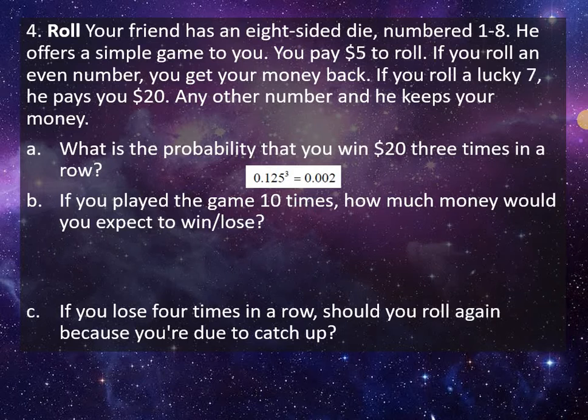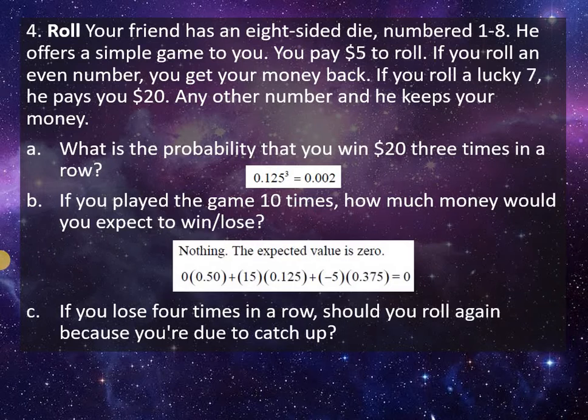So this one is saying if we played the game 10 times, how much money would you expect to win or lose? Well, for that one, you set up your overall goal, playing the game 10 times. This is showing you the expected value of just one game.